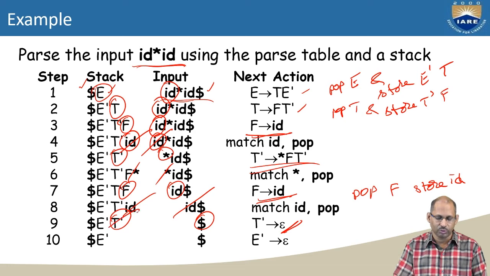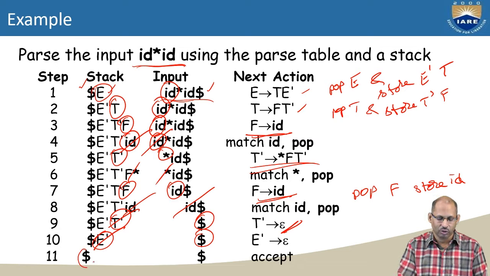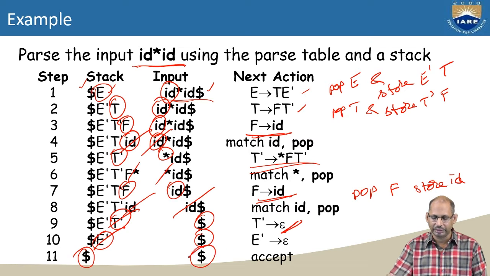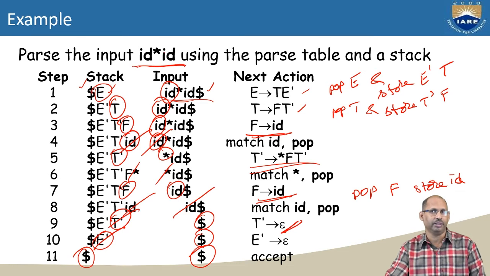So this also removed. Then E dash and dollar sign. E dash gives epsilon. So remove this one. Then finally dollar and dollar. It is accepted.